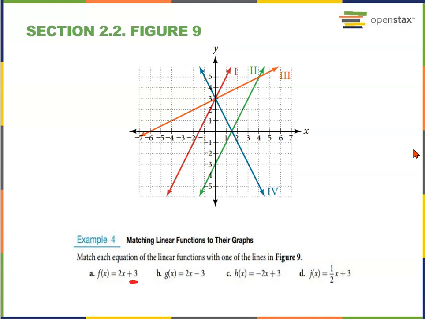So this point here, and there are 3 lines that are at (0, 3). This one is plus 3 and plus 3, so those 3 lines. And the other one is minus 3, so that is at -3. So definitely this green is B.